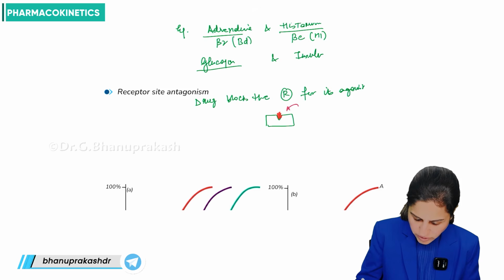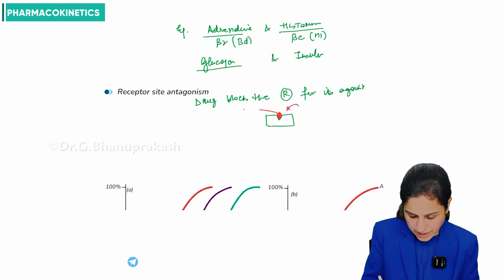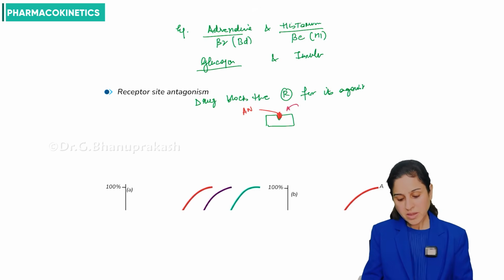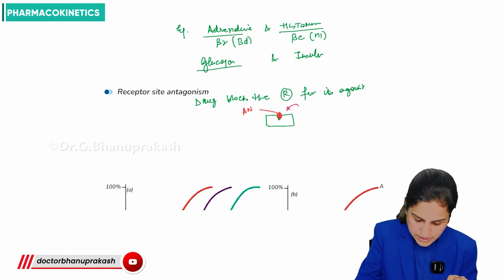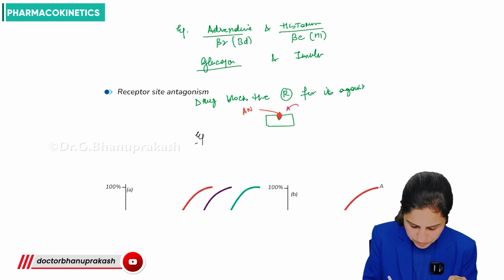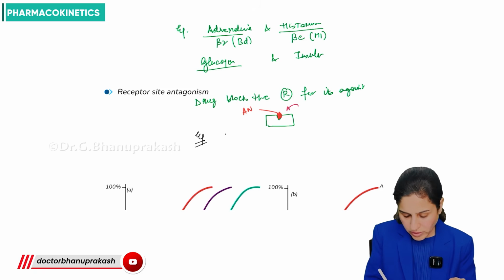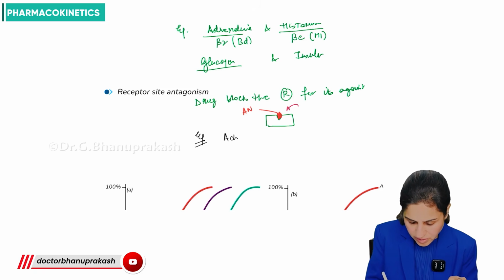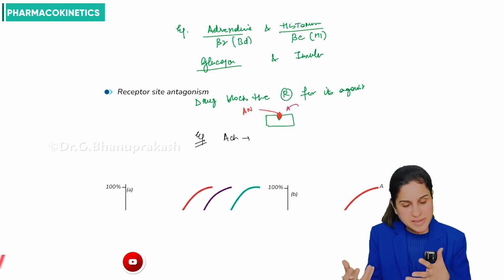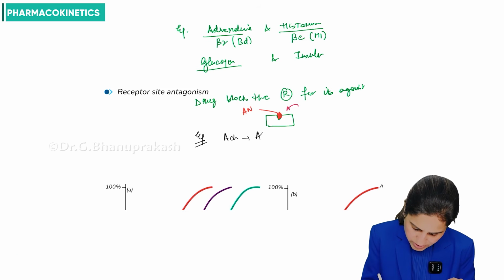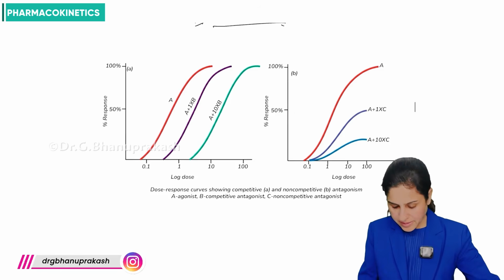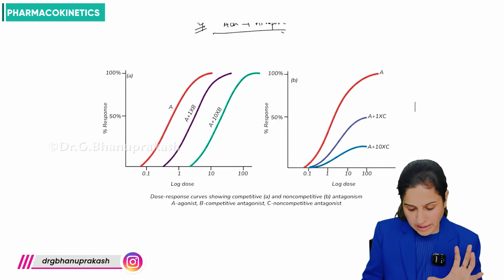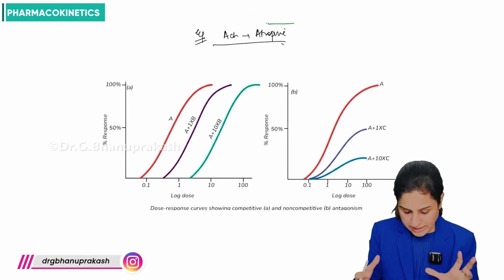The antagonist is itself going to bind here, right? So this is the antagonist, AN. So this is called receptor site antagonism. What is the example here? Let's say the agonist is acetylcholine, right, on a muscarinic receptor, and the antagonist is atropine. All right. So this receptor site antagonism, we have already done before.